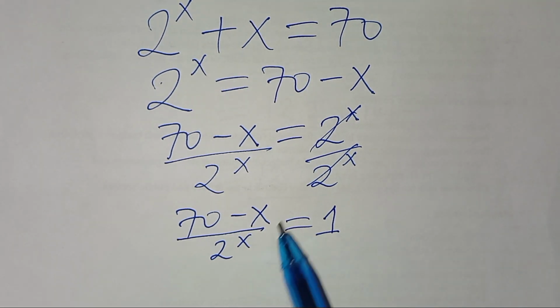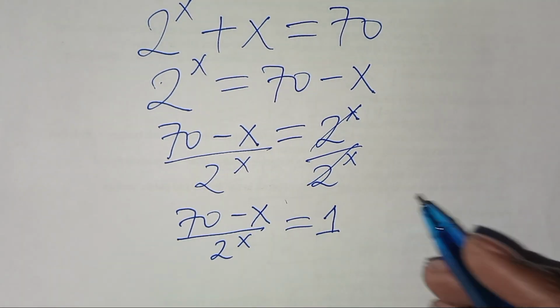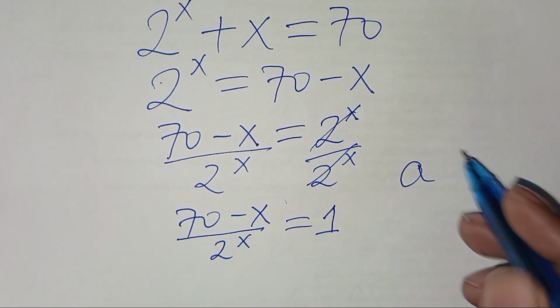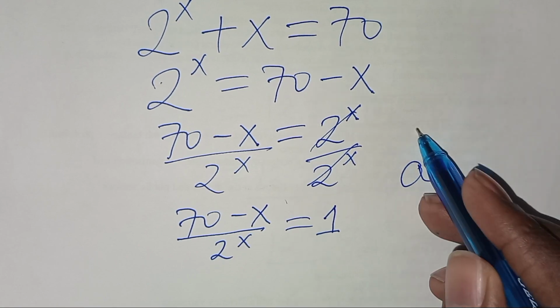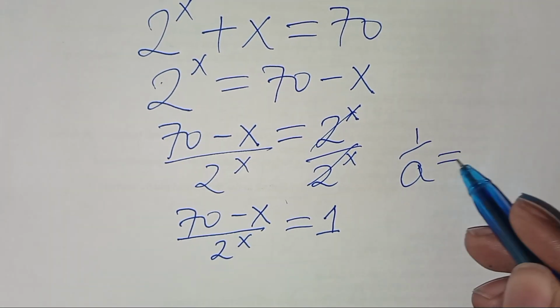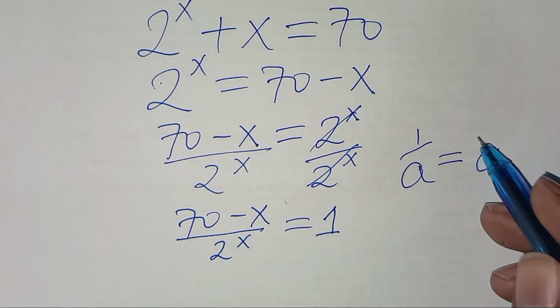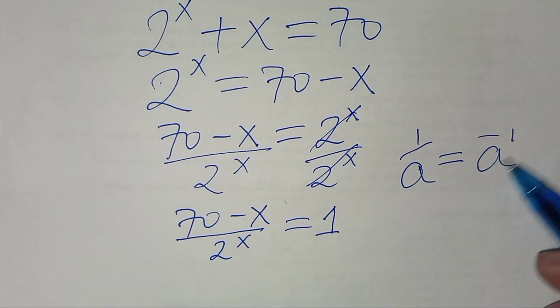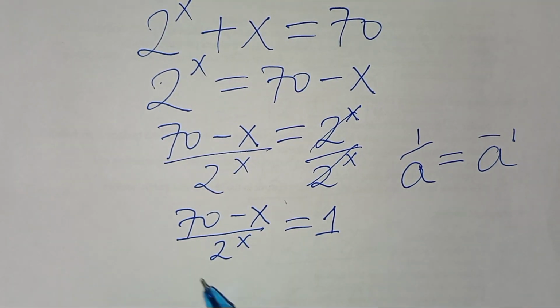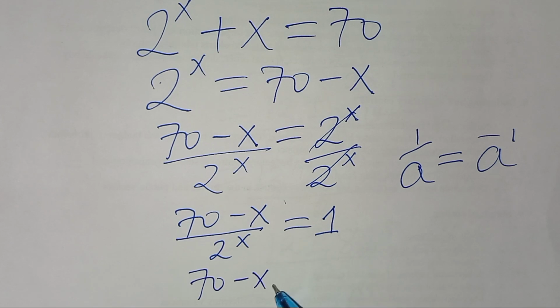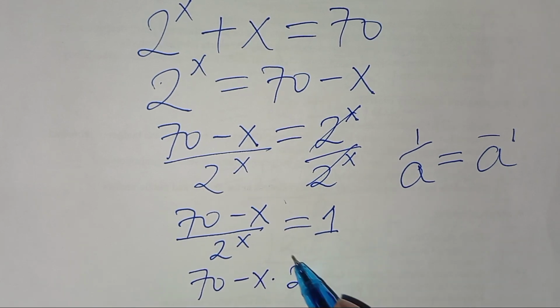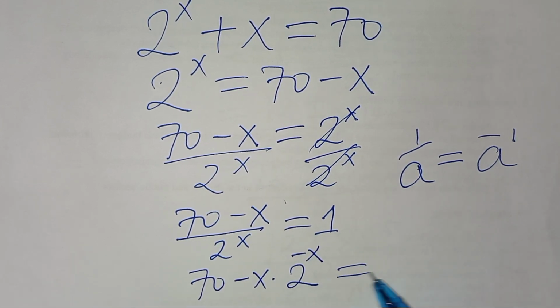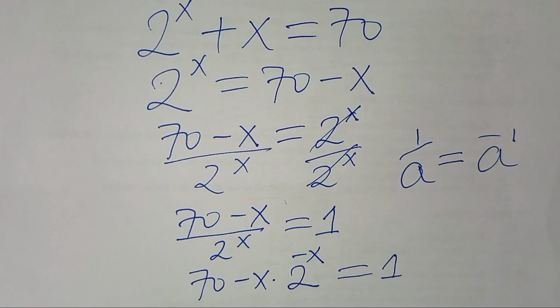Now from what we have here, if you have 1 over a, we can express this as a to the power negative 1. So applying this property, we'll have 70 subtract x multiplied by 2 to the power negative x, this is equal to 1.